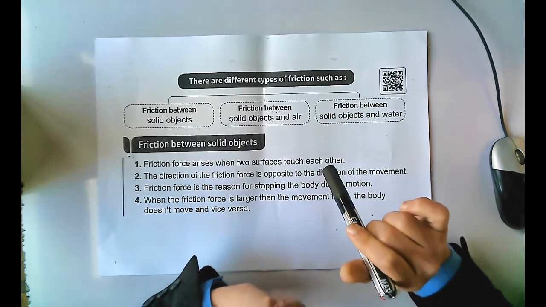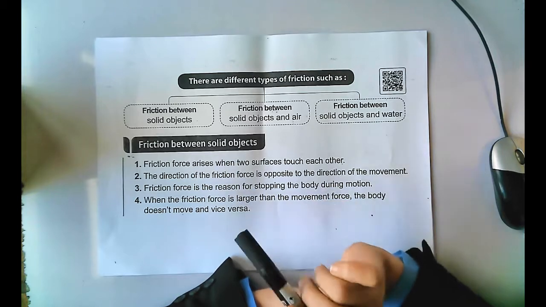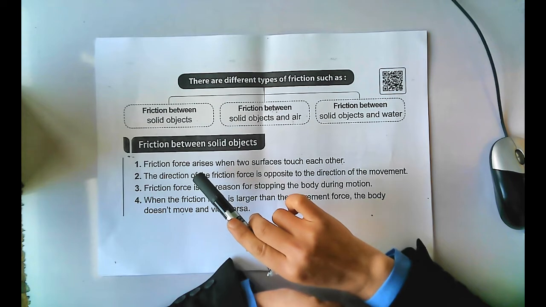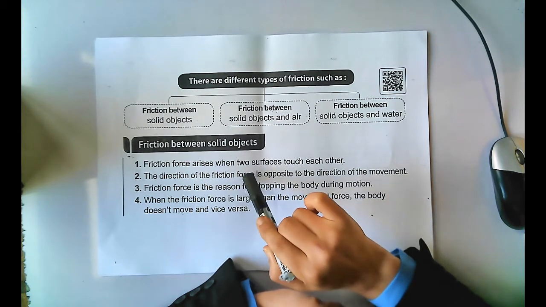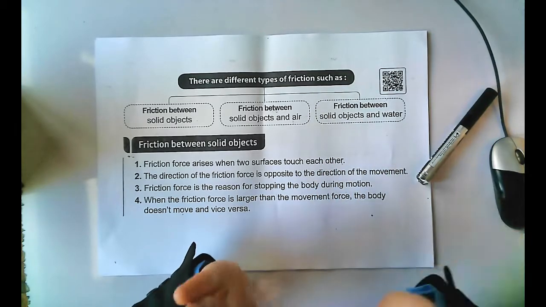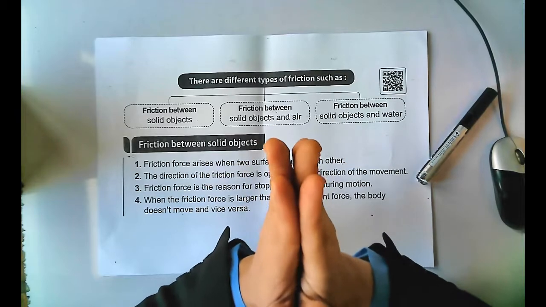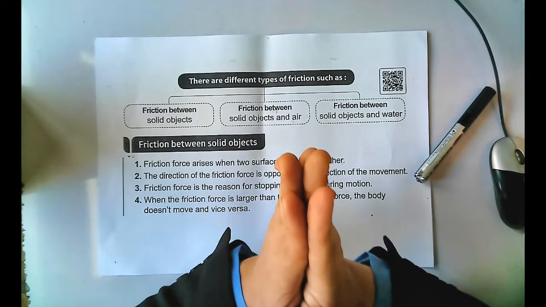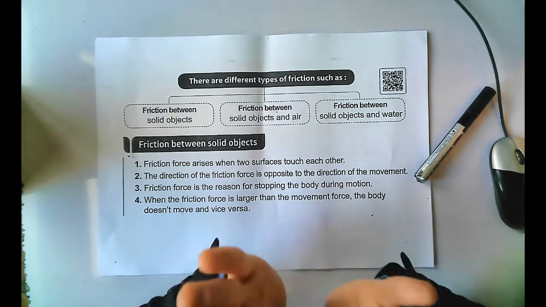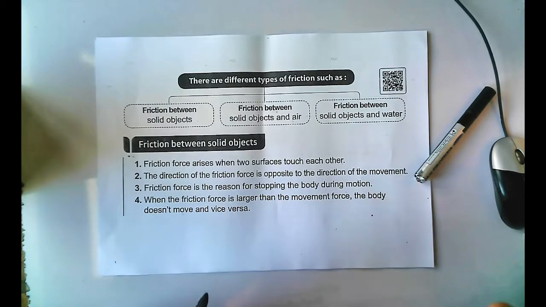We will discuss in detail the first type, which is the friction between solid objects. The friction force arises when two surfaces touch each other. We say two bodies contact each other, like the car tire and the road, like rubbing your hands together, like the boy who's sliding.